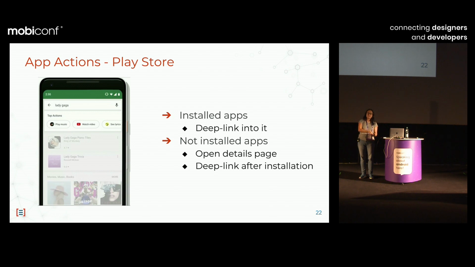And with artists, they have mapped actions that can be related to artists, like listen to music, watch videos, get tickets. And if your app has declared that it can manage that action, it can be suggested. Is that clear? Yes, now I see.